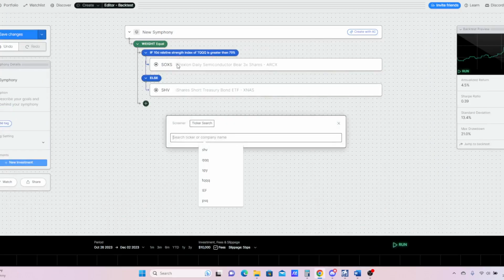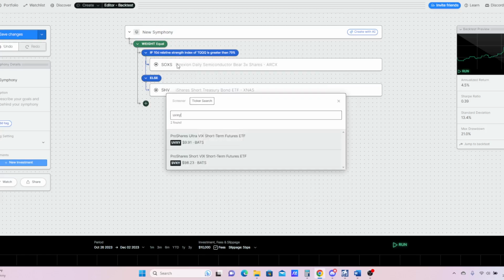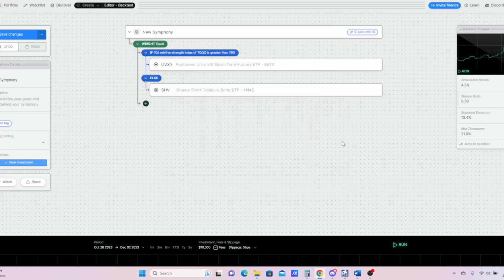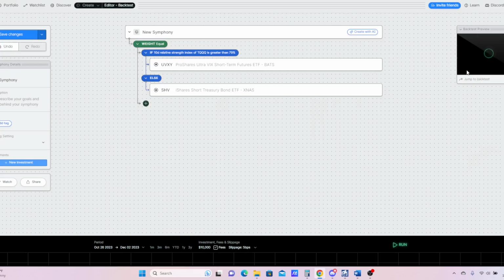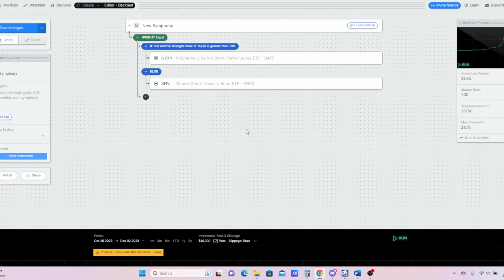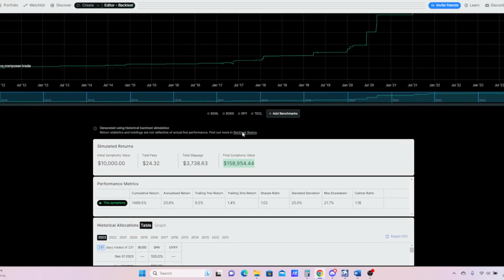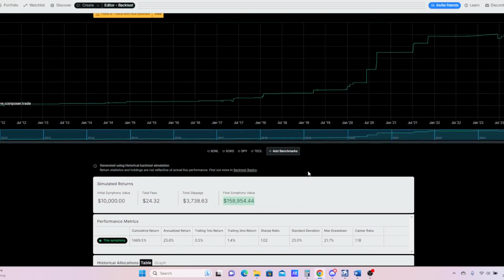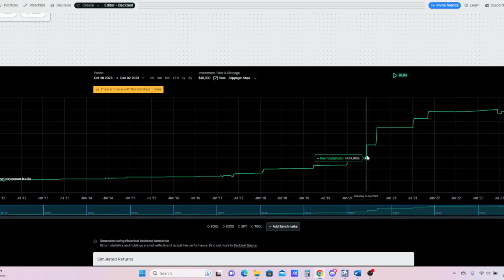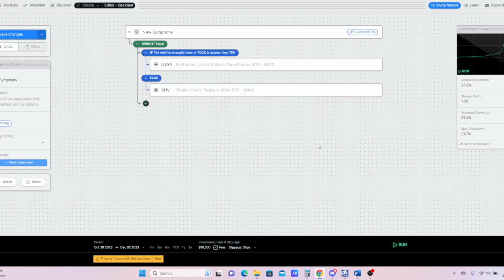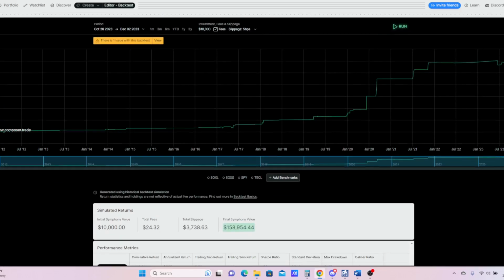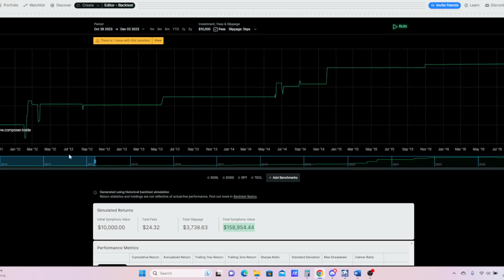And I think the problem is UVXY makes bigger jumps than SOXS does a lot of the times. 77% versus 1489%. The reason why I was using UVXY is because the big single day moves are a lot of times astronomical.